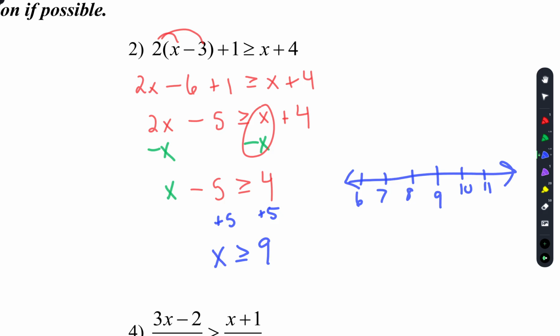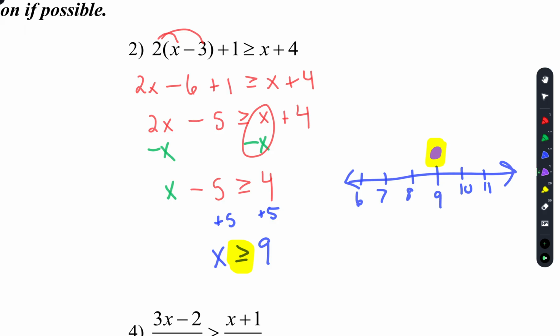Something's going on at 9 because of the bar, so you're going to have a closed dot at 9. Because it's greater than or equal to, it's going to be a closed dot.